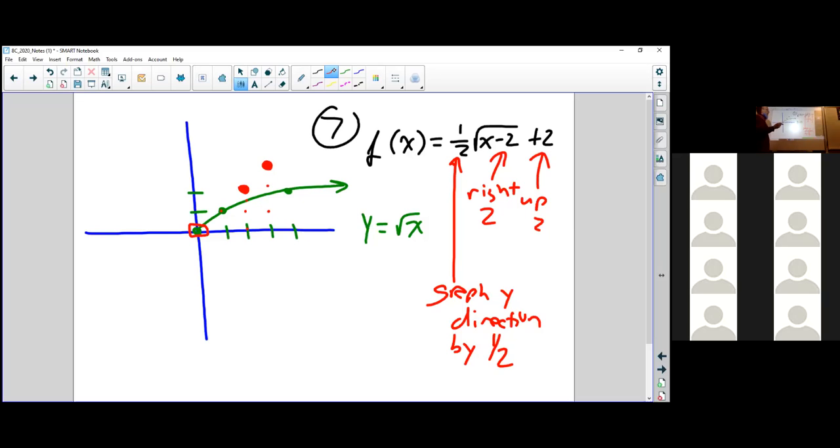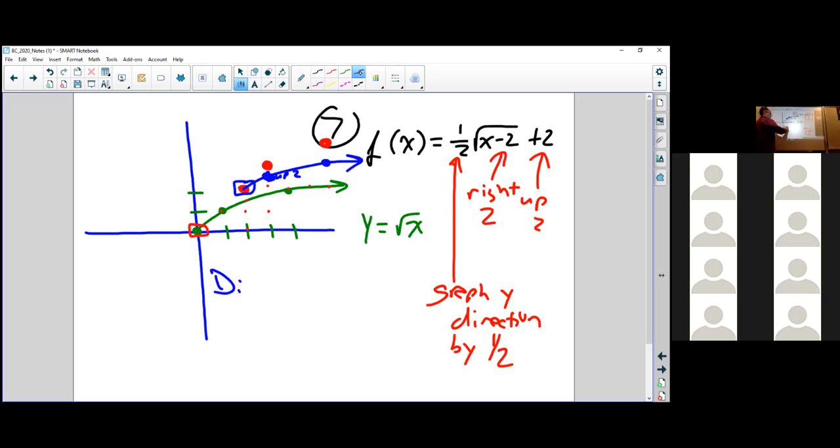But now I have to take into account that this is my starting point. It's going to stay as is. Remember how this went up 2? Well, it's only going to go up 1 now. So it's actually like here. And then this one went up 2, not 4. So this is what my new graph is going to look like.